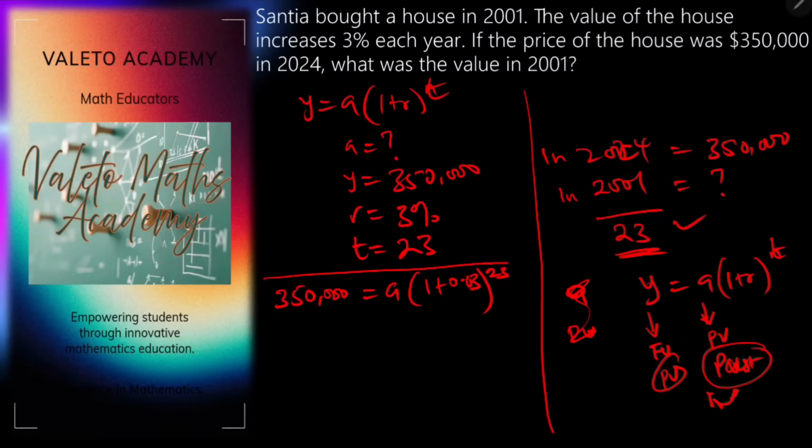Okay, so we can straight ahead say a is equal to 350,000 divided by 1 plus 0.03, which is 1.03, raised to power 23, which will give you 1.9736.